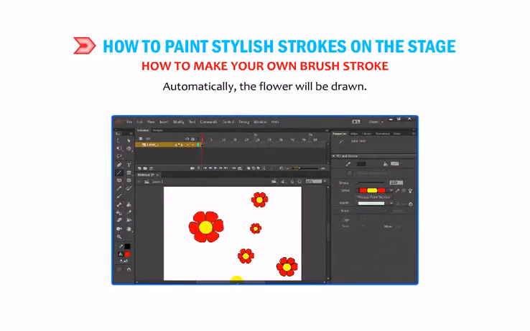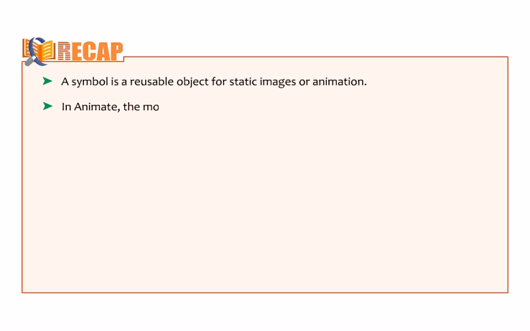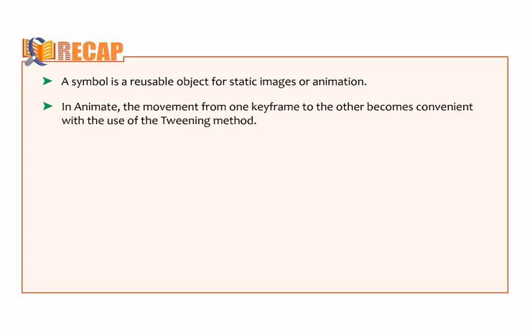Okay students, let us take a recap of this chapter. A symbol is a reusable object for static images or animation. In Animate, the movement from one keyframe to the other becomes convenient with the use of the tweening method. Shape tweening is used to change the shape of one object into another.